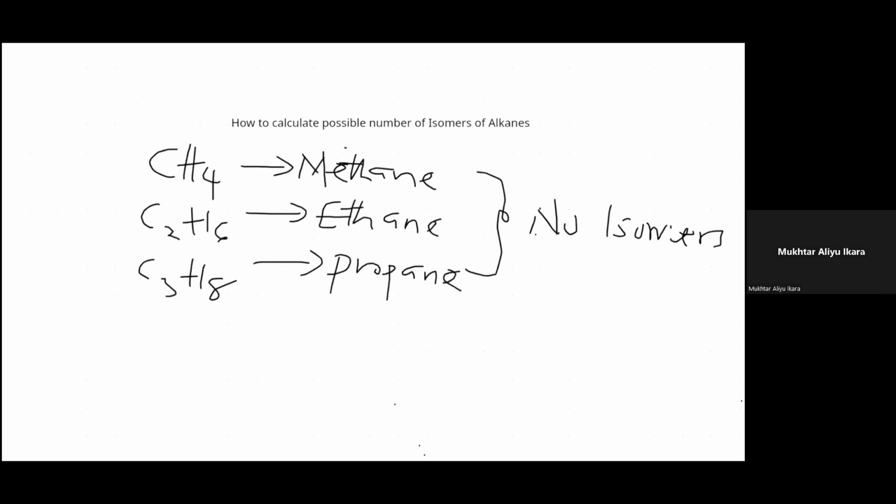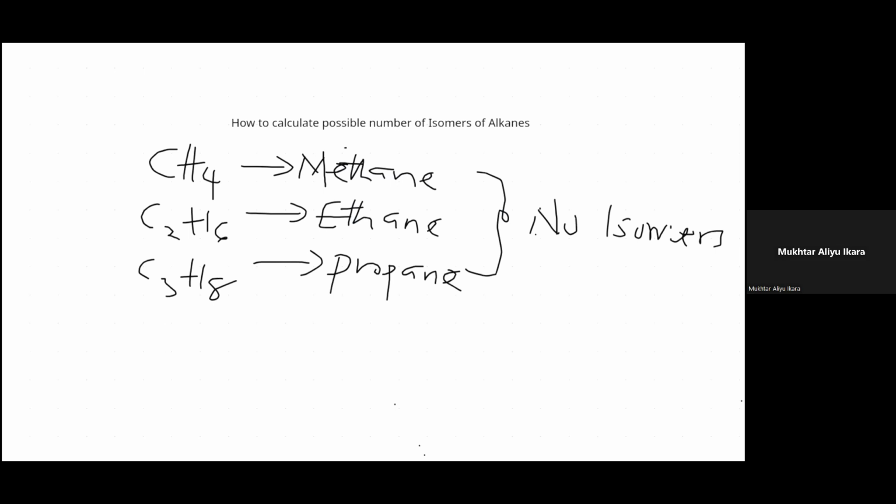They only have one structure, and it doesn't have any other form of structure. Remember, isomers means compounds that have the same molecular formula but different structures. From methane, ethane, and propane, they all have one structure, so that is why they do not exhibit isomerism.